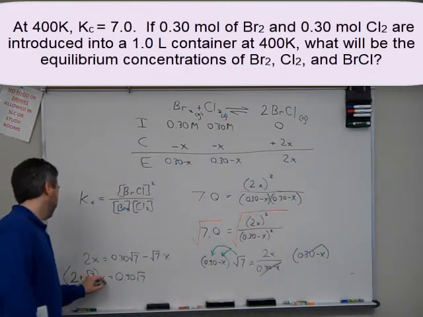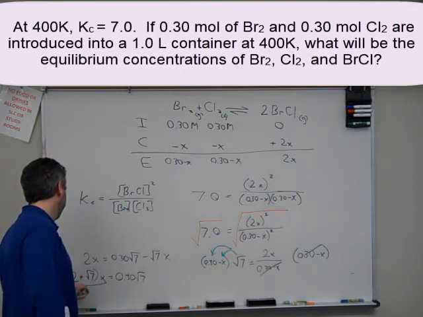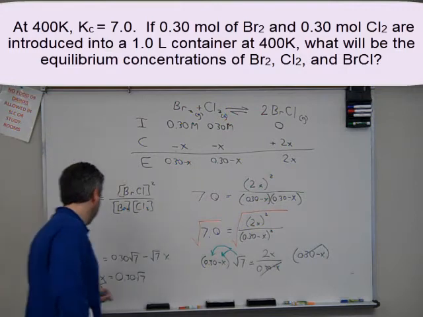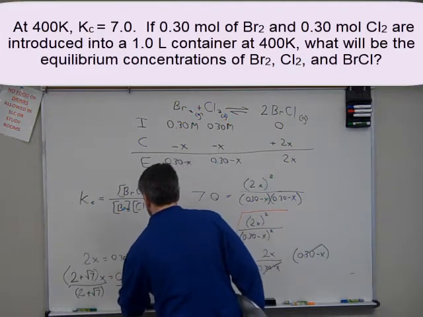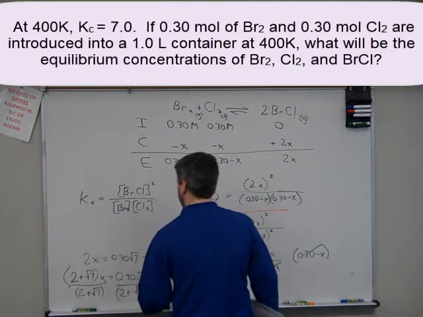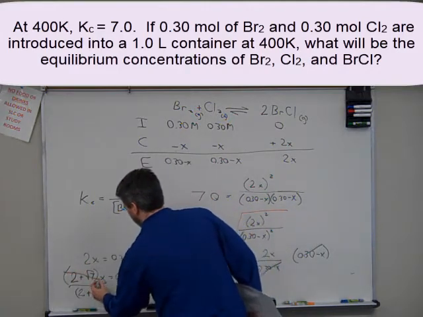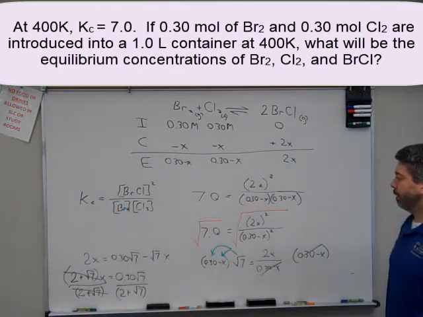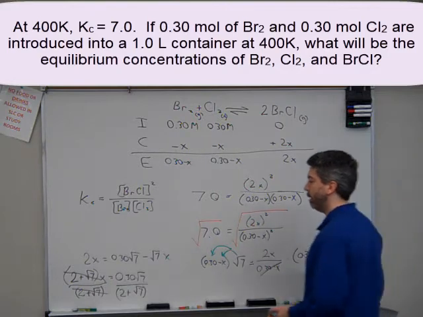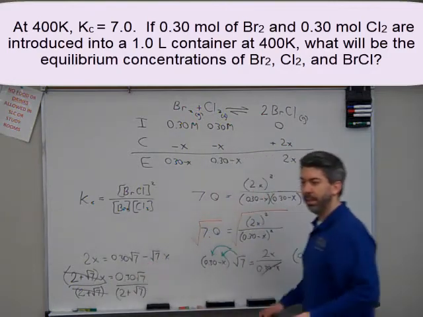Then I'll divide both sides by 2 plus the square root of 7. And there you go. So x is equal to whatever that is.